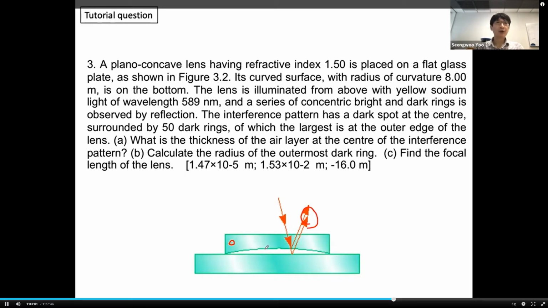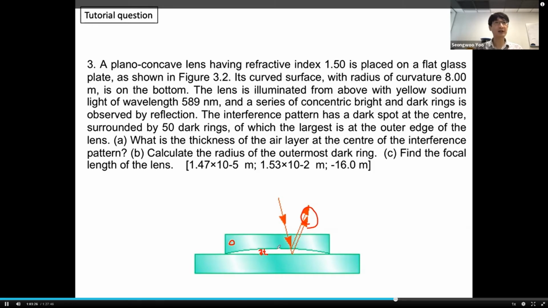As you can appreciate in this diagram, the optical path length difference of those two waves is determined in the gap, between those two glass plates. Now, this thickness T changes over the length.